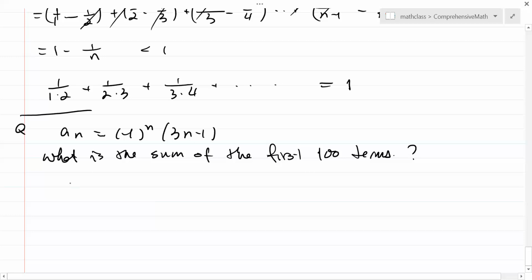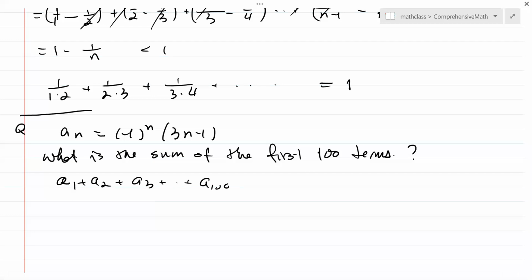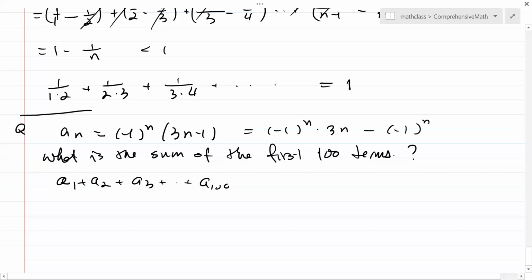All right, so let's take a look. Okay. So let's see. A1, right? Plus A2, A3, all the way to A100. We probably have to separate them right now. A_n could be negative 1 to the n times 3n minus negative 1 to the n. Okay, so when we add them together, we will get negative 1 times 3 times 1, right? And I separate the minus negative 1 to the 1.